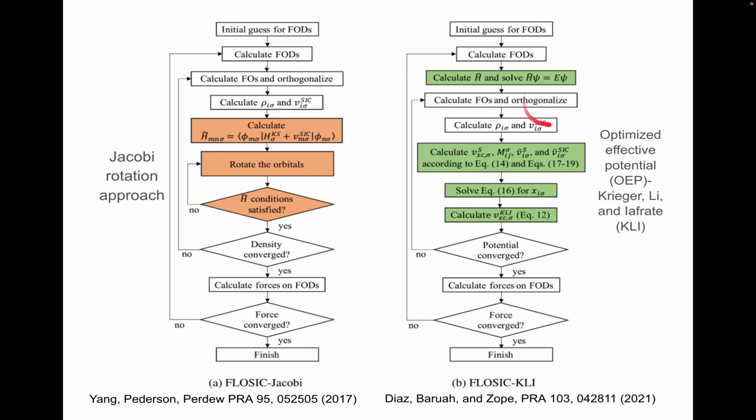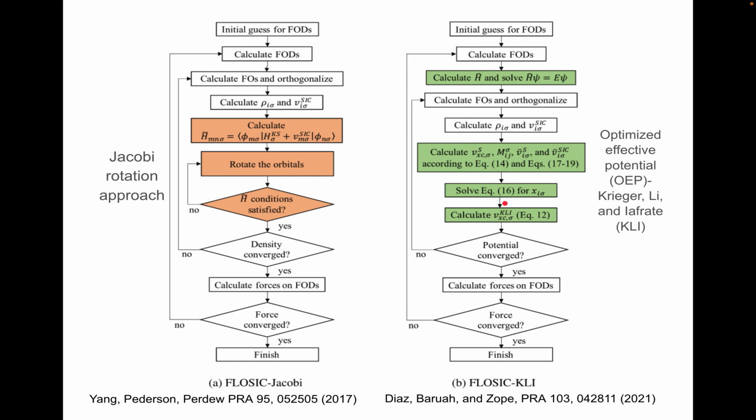Up to constructing the flows and computing the SIC orbital potential, the two approaches are the same, but instead of constructing the Hamiltonian matrix, in the case of the KLI, you compute those extra ingredients and then expose the SIC effect to the Kohn-Sham potential. That is what is being done here.